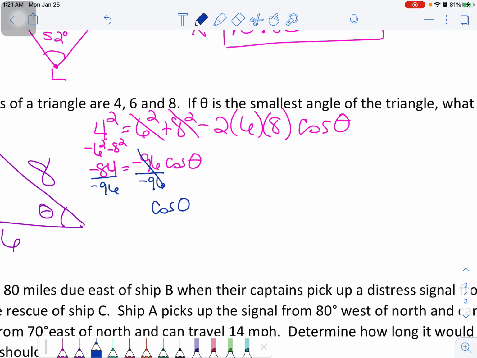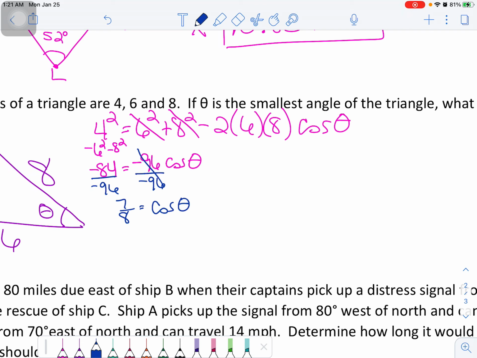And like we did in one of the earlier problems, I am not going to use the decimal answer for that. I want to get the fractional answer simplified, and my calculator will do that for me. So this is 7 over 8. That is right now the exact value of cosine of theta.